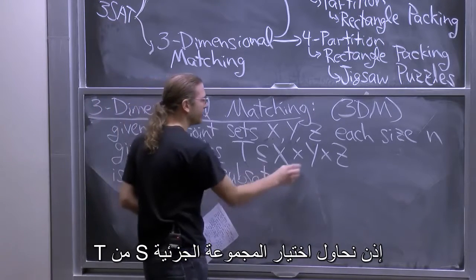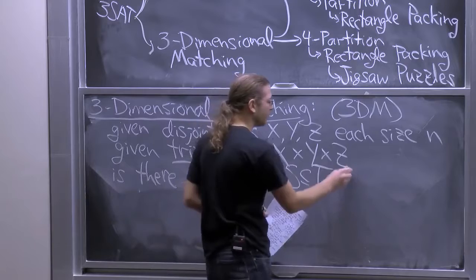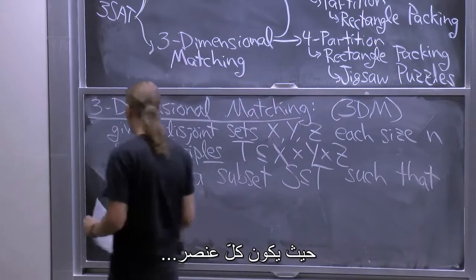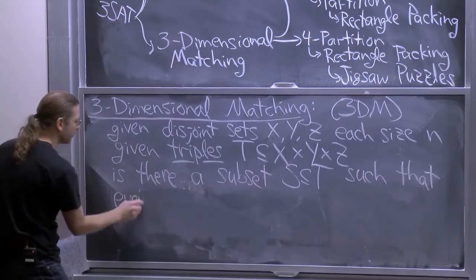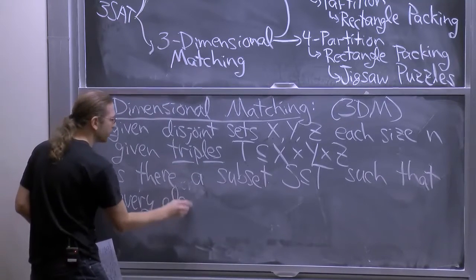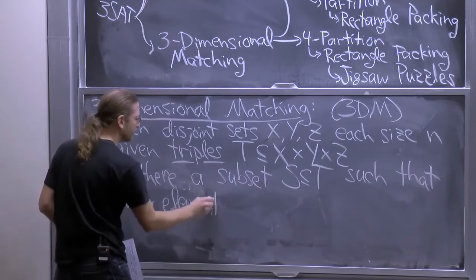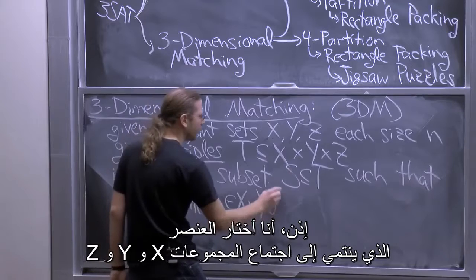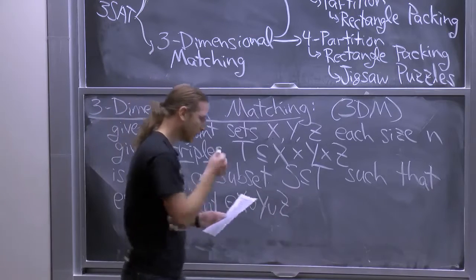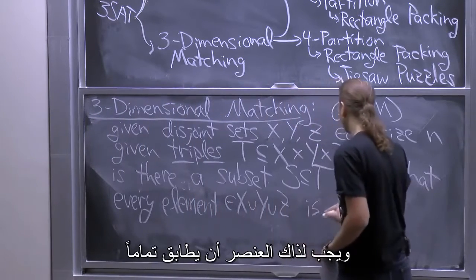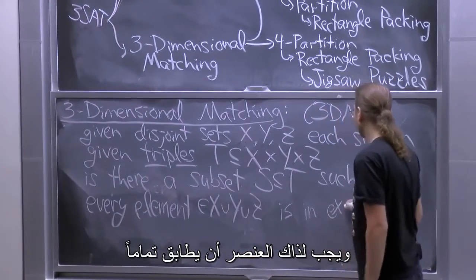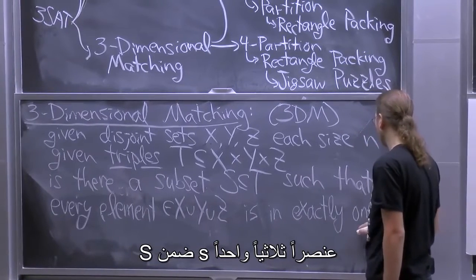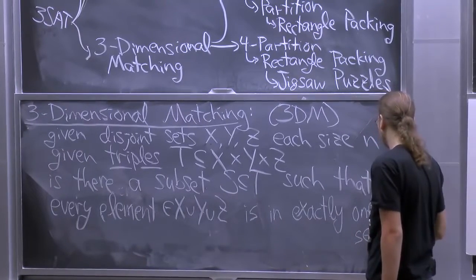So we're trying to choose a subset S of T such that every element, so the things in X, Y, and Z are called elements, so I'm just taking somebody in the union of X, Y, Z, should be in exactly one triple in big S.